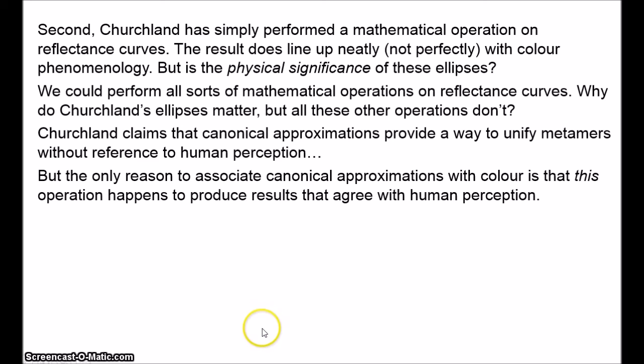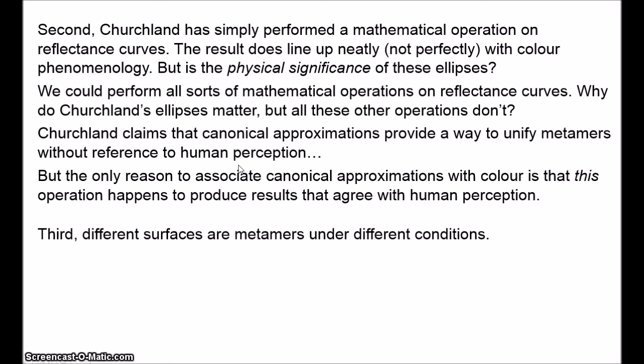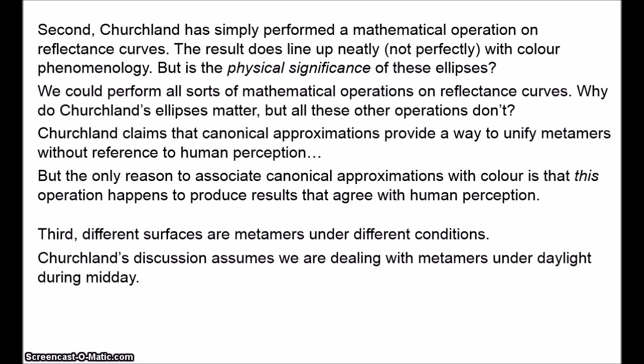A third objection is that different surfaces are metamers under different conditions. Indeed, it doesn't really make sense to talk about metamers independently of a specification of the kind of illumination. Two surfaces that match under one illumination will be distinguishable under another. Now, Churchland assumes basically that we're dealing with metamers under daylight during midday. So we're looking at metamers that match under the midday sun.